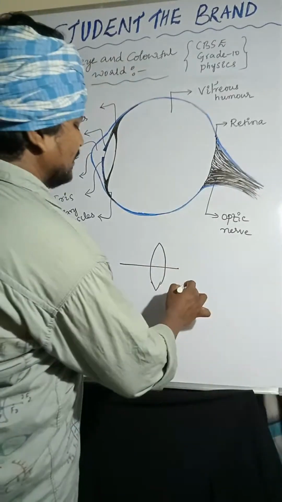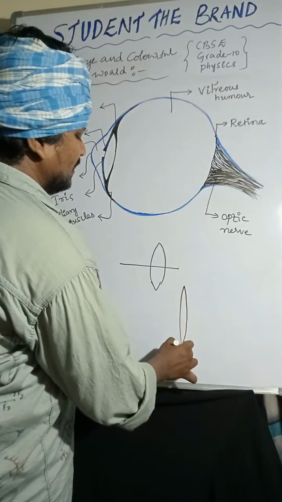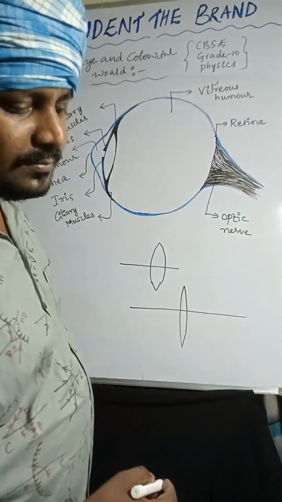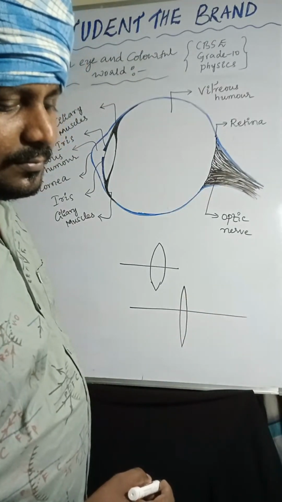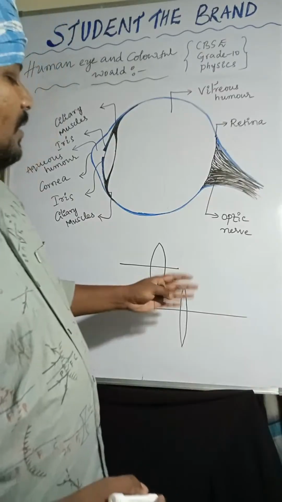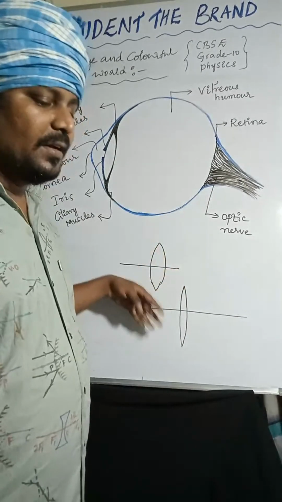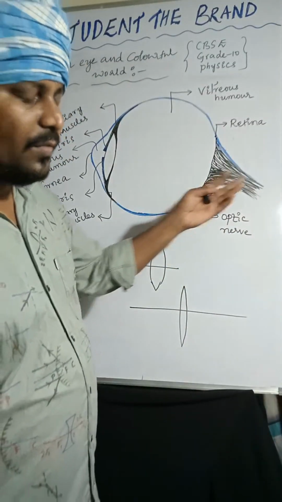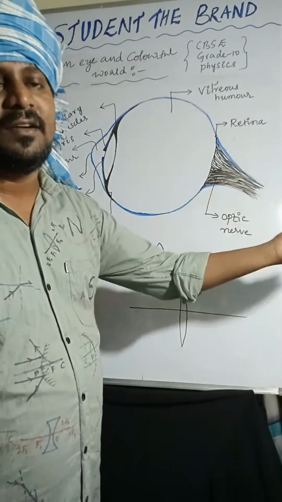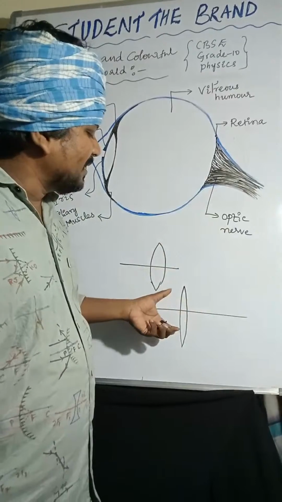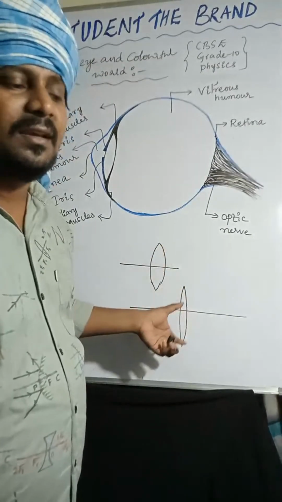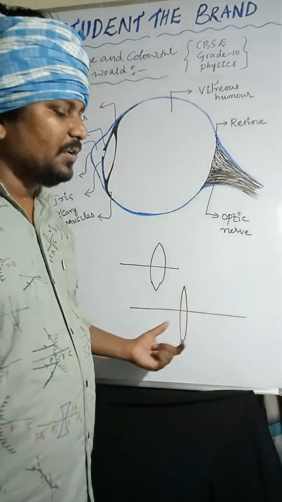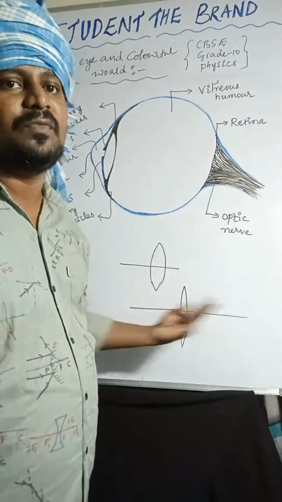When you are seeing a far distance object, the eye lens becomes thin and the focal length increases, so that we can see a far distance object.